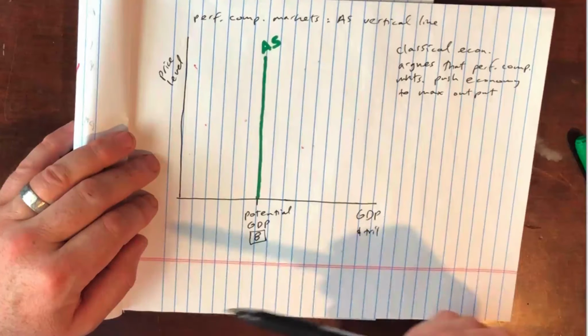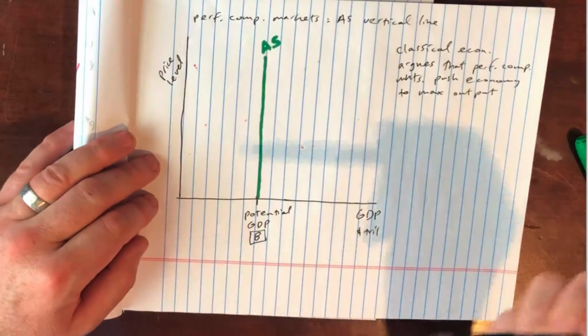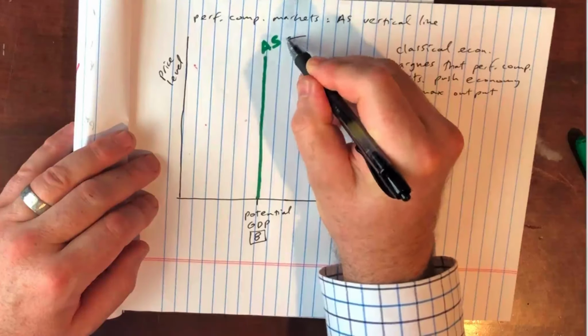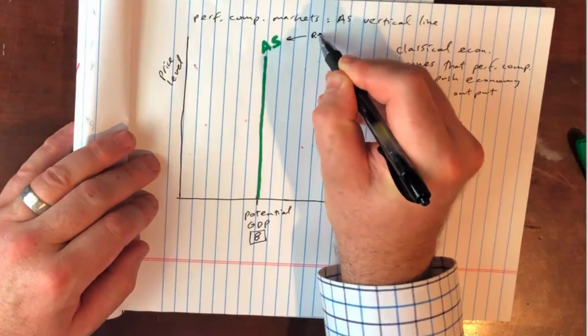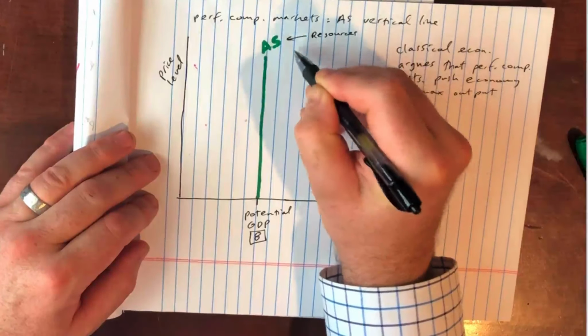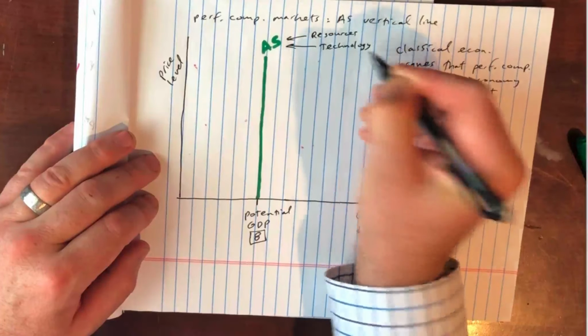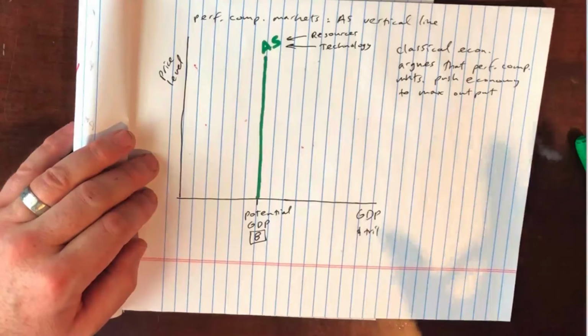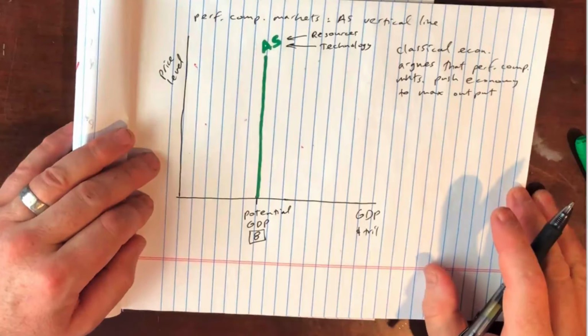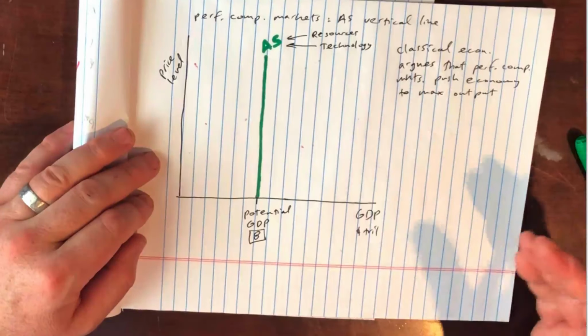Supply is in fact driven by other factors. And the argument goes, it's driven by two things. What are the resources available in society, first of all? And secondly, what is the technology that's available in society? We get more into this in the micro course, if you're interested. Resources and technology.